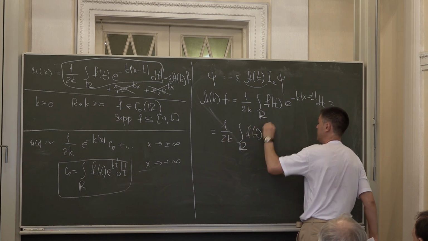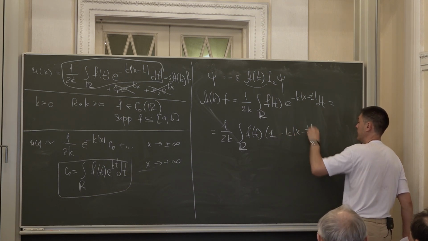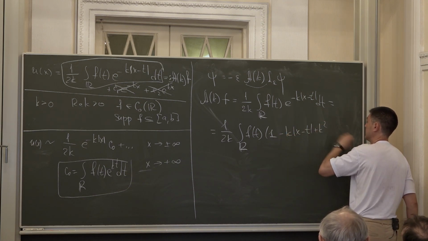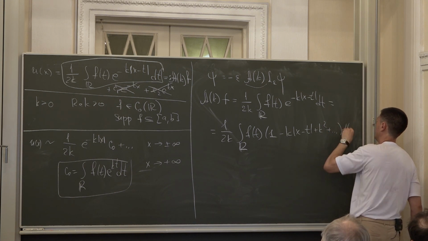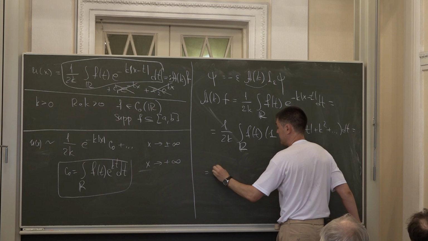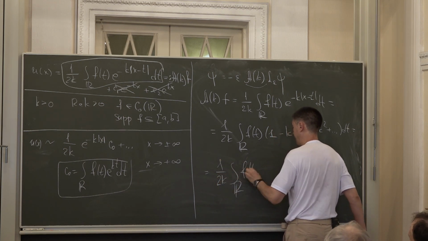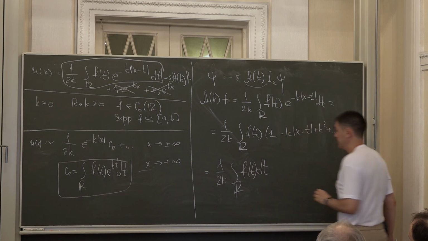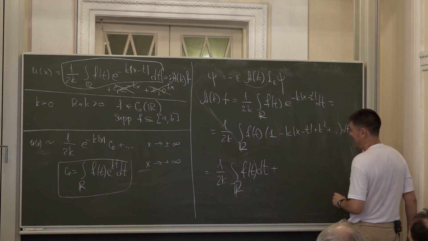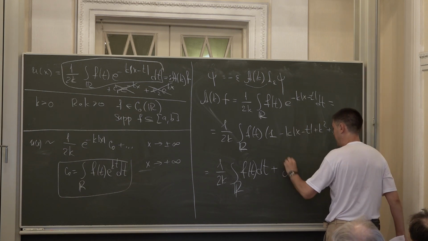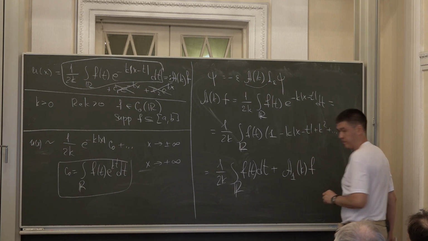And then I just write that this is 1 minus k modulus x minus t plus k squared, etc. And then I just say that the leading term will be just this simple integral. And the rest will be just A1 of k, depending on f.